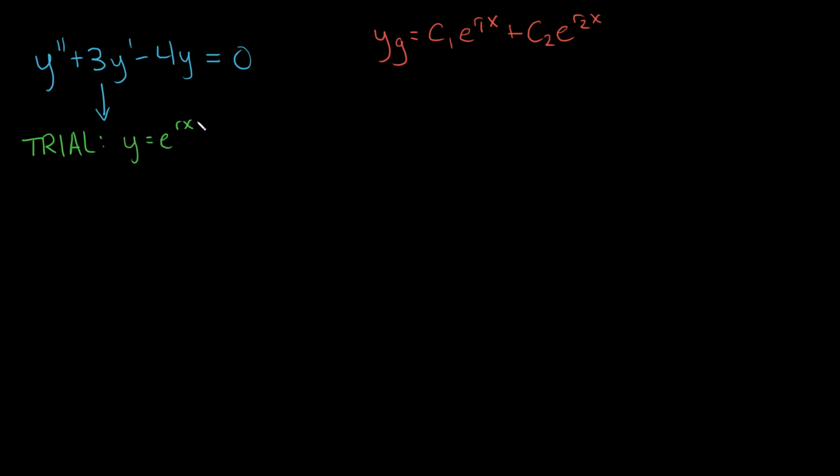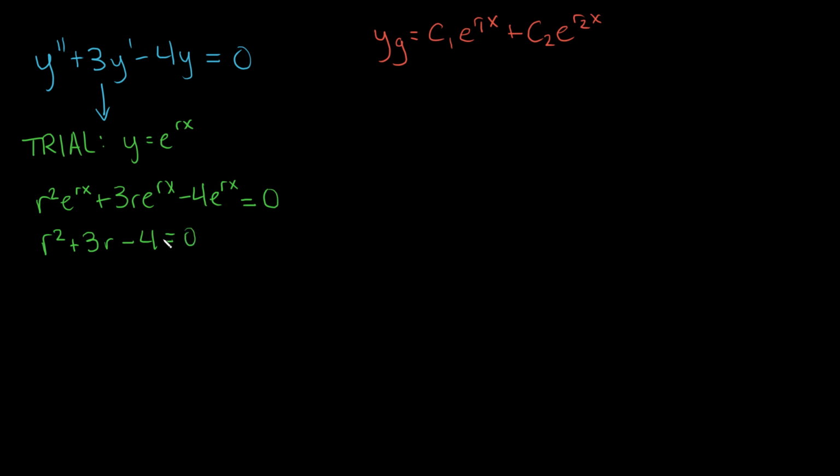Then y double prime is r squared e to the rx, plus 3r e to the rx, that first derivative, minus 4 e to the rx equals 0. Then we can factor out the e to the rx, which will never equal 0, so the characteristic equation is r squared plus 3r minus 4 equals 0. And if that seems like witchcraft to you, maybe go watch the previous video because I explained it more thoroughly there.